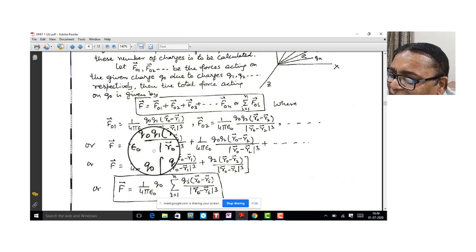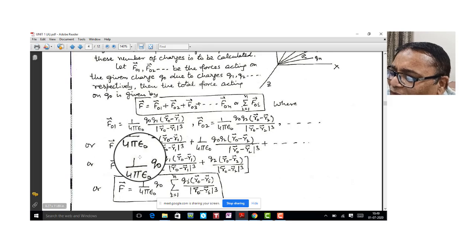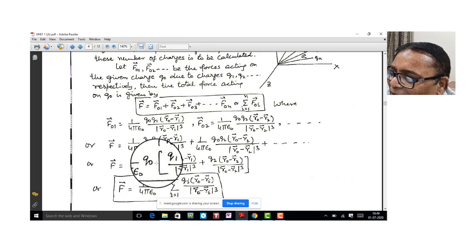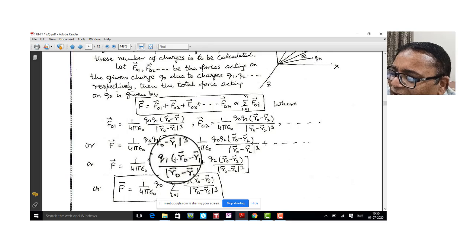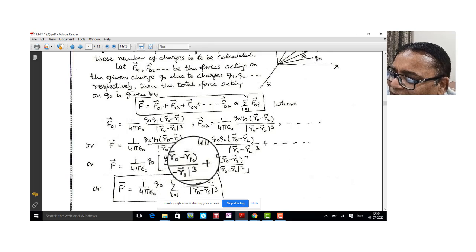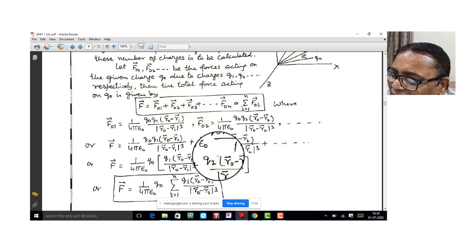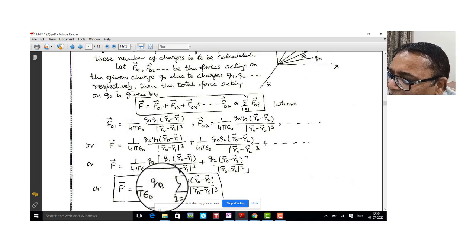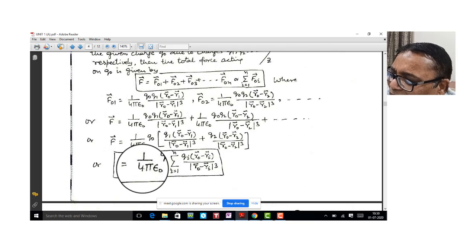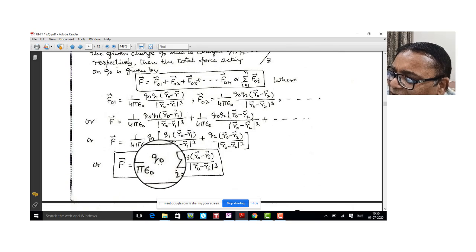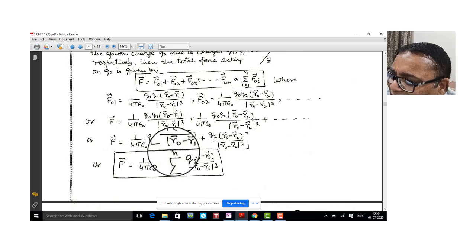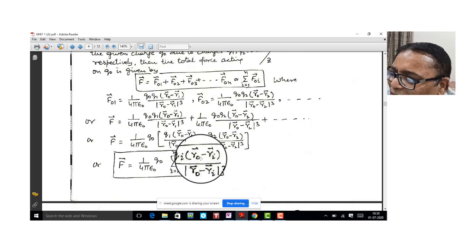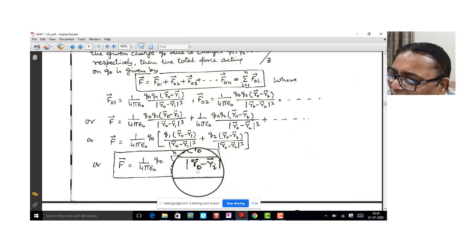Then adding all these equations, 1 upon 4 pi epsilon 0 q0 is common, and we get q1 (r0 minus r1) upon |r0 minus r1| cube plus q2 (r0 minus r2) upon |r0 minus r2| cube. F is equal to 1 upon 4 pi epsilon 0 q0 summation i from 1 to n of qi (r0 minus ri) upon |r0 minus ri| cube.